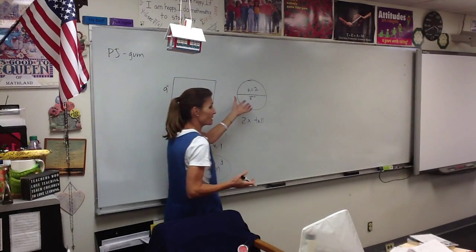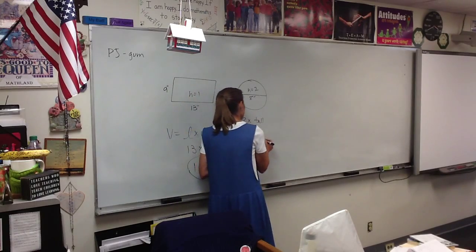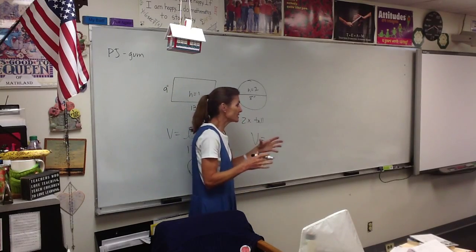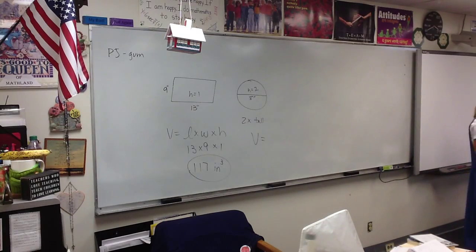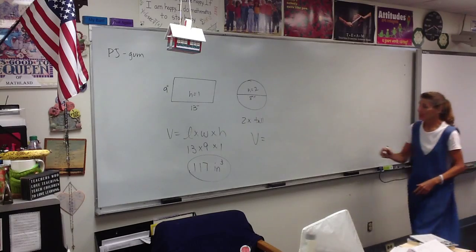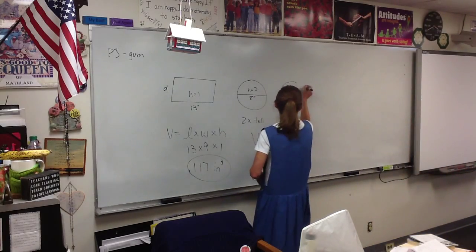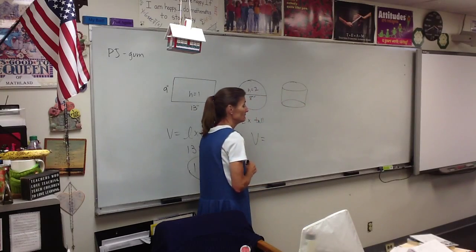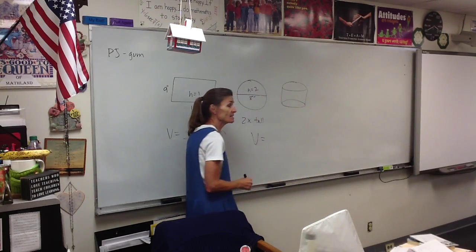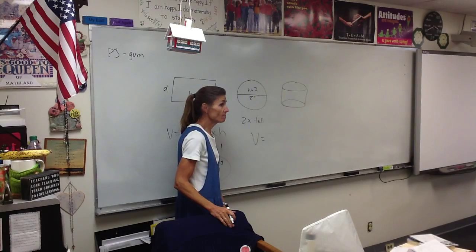Now what about this cake? What's its shape? It's not like a book. What would be the shape of this round cake that's sitting here? What do we call that shape? A cylinder. This is a cylinder. It's like this, right? There's our cake. What's the volume of a cylinder? Anybody remember that one? Maybe not.